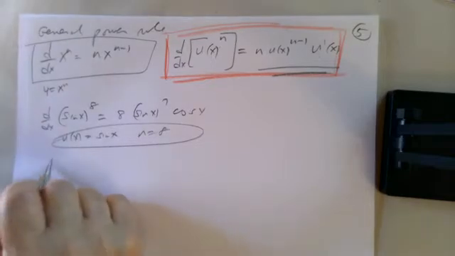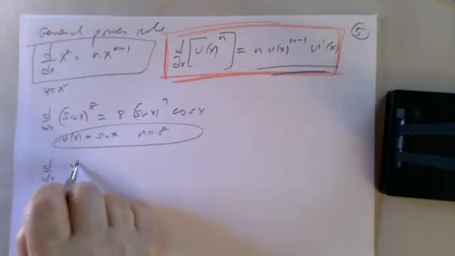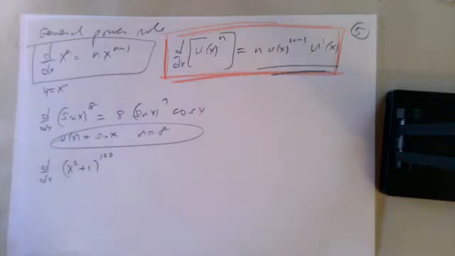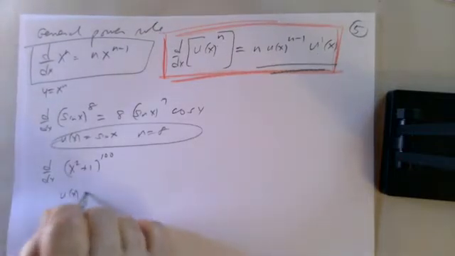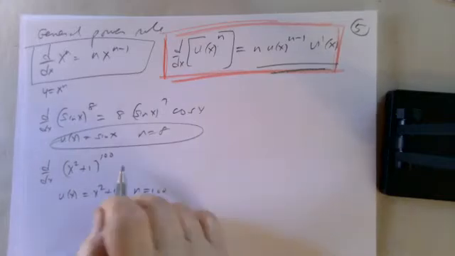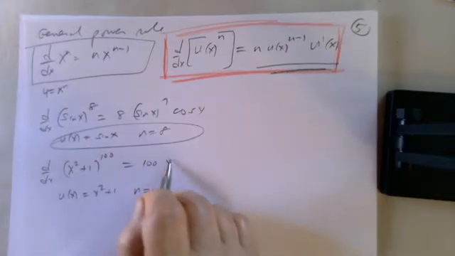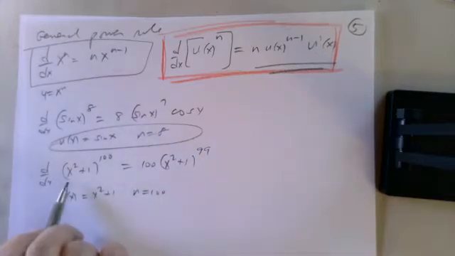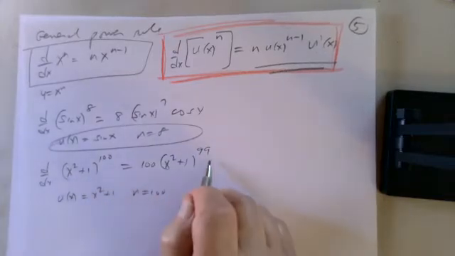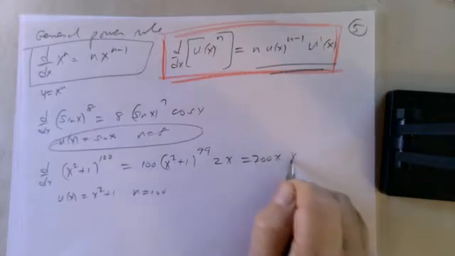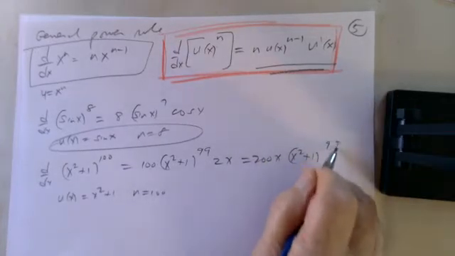Or if you wanted to differentiate (x squared plus 1) to the 100th power, so u of x is x squared plus 1, and the power is 100. This is 100 times (x squared plus 1) to the 100 minus 1, which is 99, times the derivative of x squared plus 1, which is 2x. So you get 200x times (x squared plus 1) to the 99.